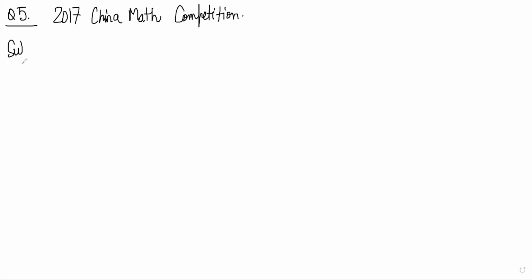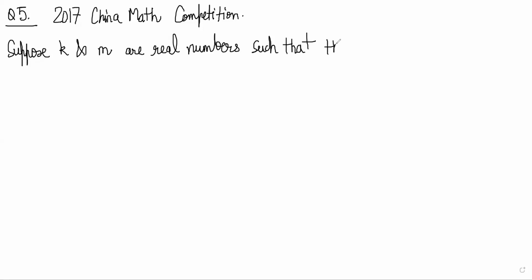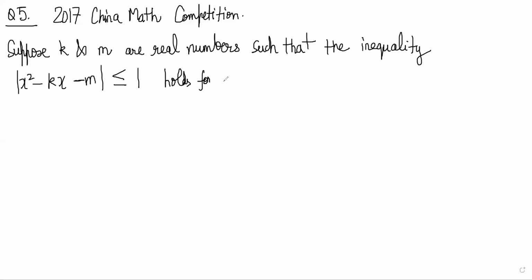It says, suppose k and m are real numbers such that the inequality mod of x square minus kx minus m is less than or equal to 1 holds for all x belonging to [a, b].